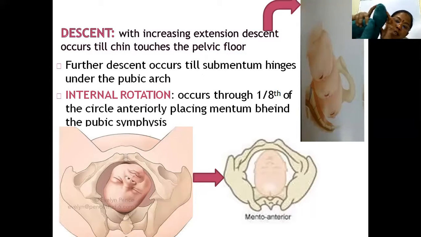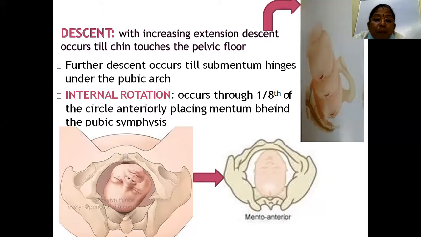But in face presentation, there will be increasing extension when it is going to enter through the pelvis. So with increasing extension, the descent occurs till the chin reaches the pelvic floor.